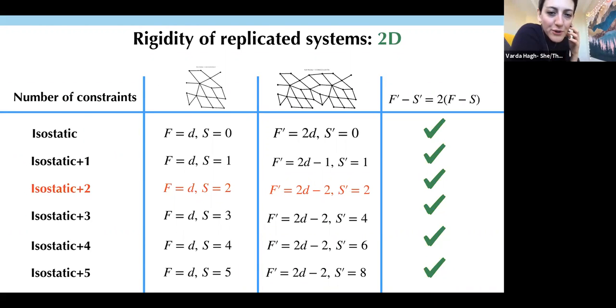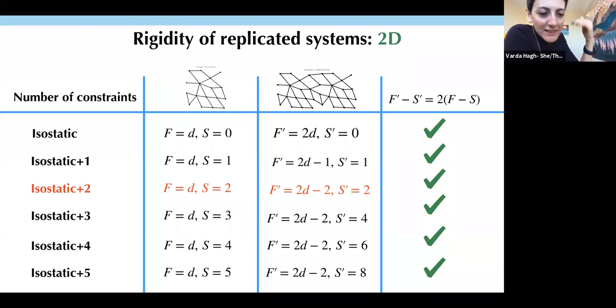Anyways, if you just double that network and make sure that the boundaries are correctly attached to one another, you will see that now there are 2d new zero modes in the system, and the states of self-stress remain 0. So if we had just looked at this, we would say, yeah, that's exactly what's happening. Both f and s are just getting doubled.